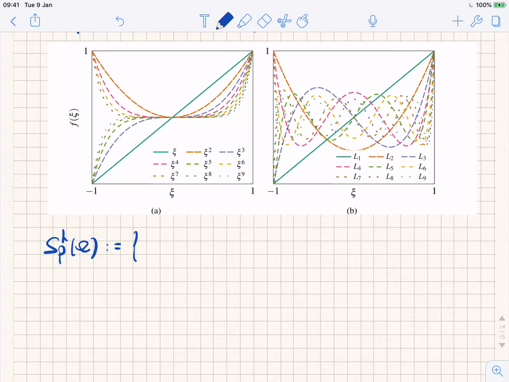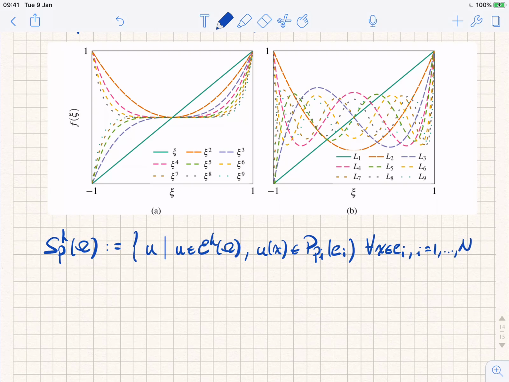I'm going to define this space as the functions u such that u is a member of the energy space that we have seen already, and also that function u belongs to the space P_{p_i}, defined on an element e_i, for all x belonging to that element. And of course I have to do the same for all elements in the mesh, so i goes from 1 to the number of elements.